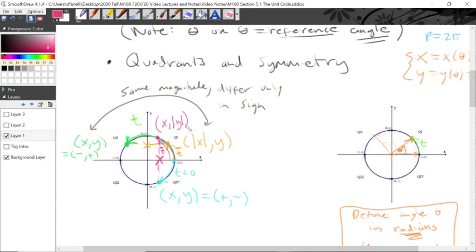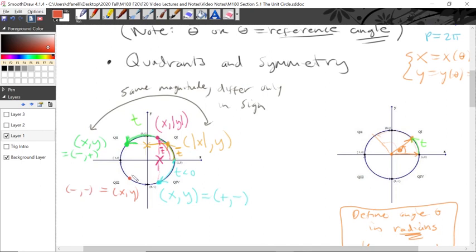So again, the magnitudes of the coordinates of the reference point are exactly the same as the magnitudes of the actual terminal point. They differ only potentially in the sign of the coordinates. By reflective symmetry, if we had a terminal point in quadrant 3, notice that a point in quadrant 3 would have an x-coordinate and a y-coordinate which are both negative.